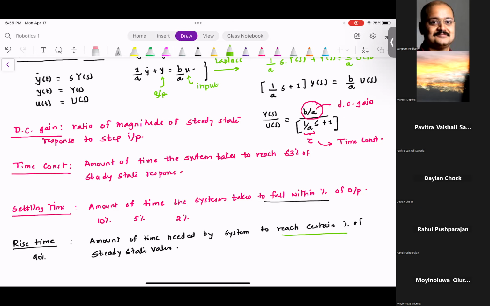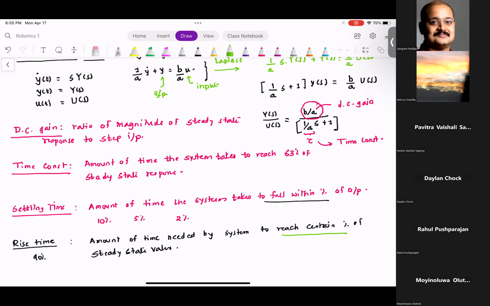If the robot is a first order system, then there will be some time constant, some rise time, some delay. If the robot is a zeroth order system, then the response will be immediate. Otherwise, it will take some time for the system to get to a certain percentage of signal value.